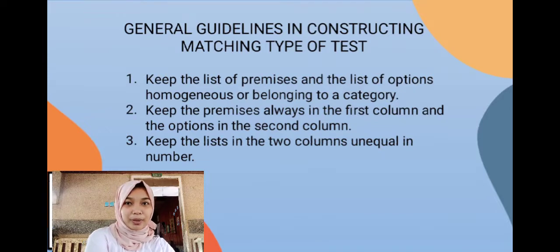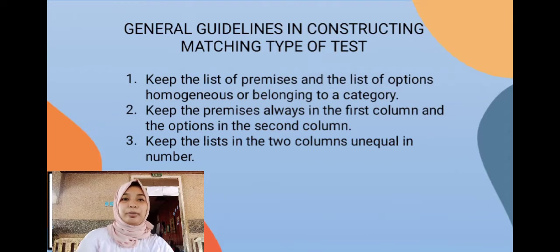In sample number 2, column A lists some theories in astronomy about how the universe evolved, and column B lists the names of the theories. Homogeneity is a basic principle in matching items.